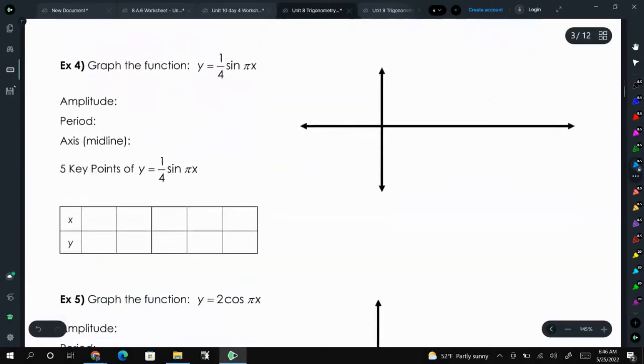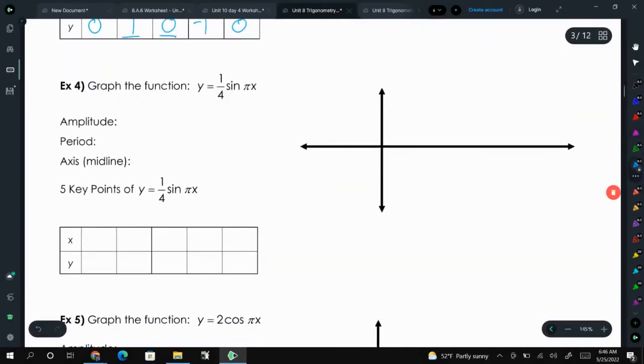All right, now example number 4 here. Our amplitude is 1/4. Our period is 2 pi over b, or 2 pi over pi, which is 2. Midline is still y equals 0.